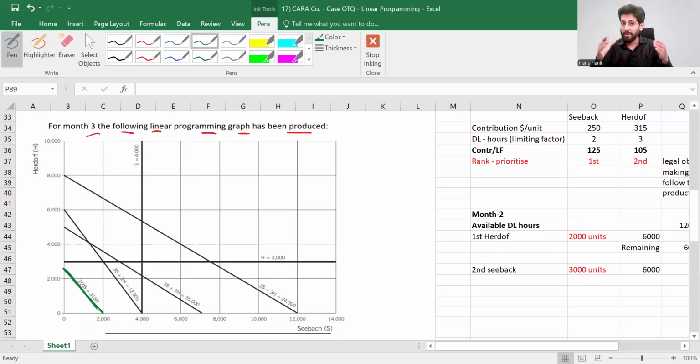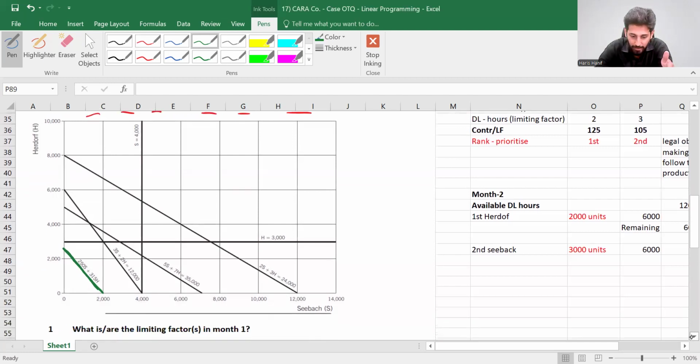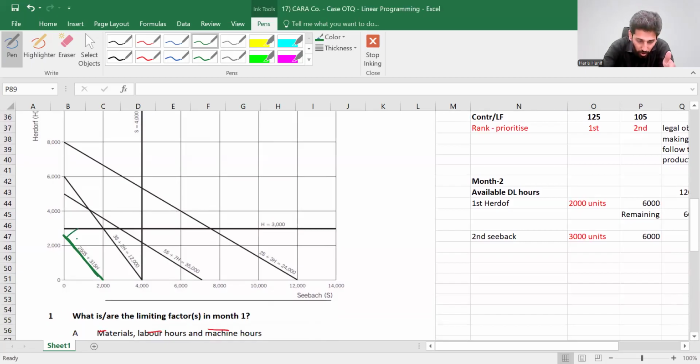Do you remember the function of the ISO contribution line? You have to place the scale on it and move it in the upward direction. Right? So when you move on, this is the point which seems to be the optimal production point.